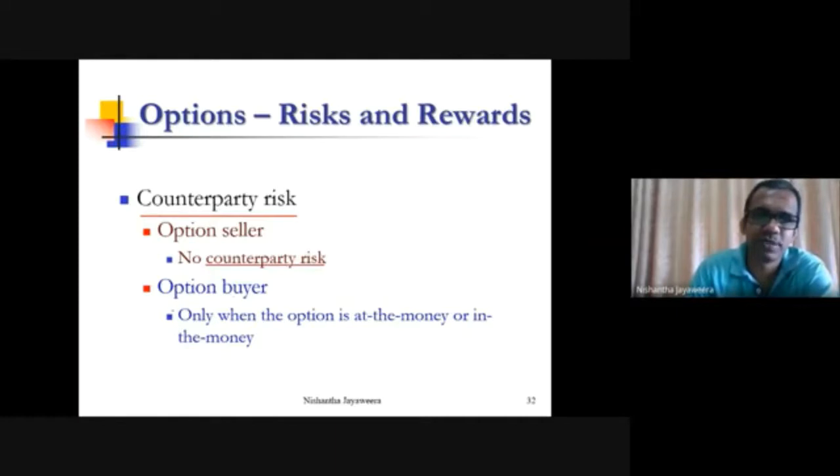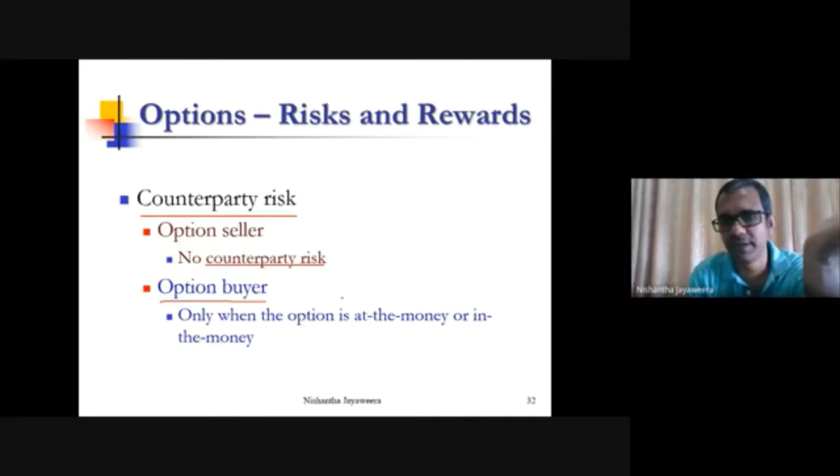But from the option buyer's point of view, it is different. Why? Once you buy the option, you have the right, but the counterparty has the obligation. Then the risk is whether the counterparty will fulfill the requirement on the expiry date or whenever you are going to exercise your right, depending on whether you have an American style option or a European style option.